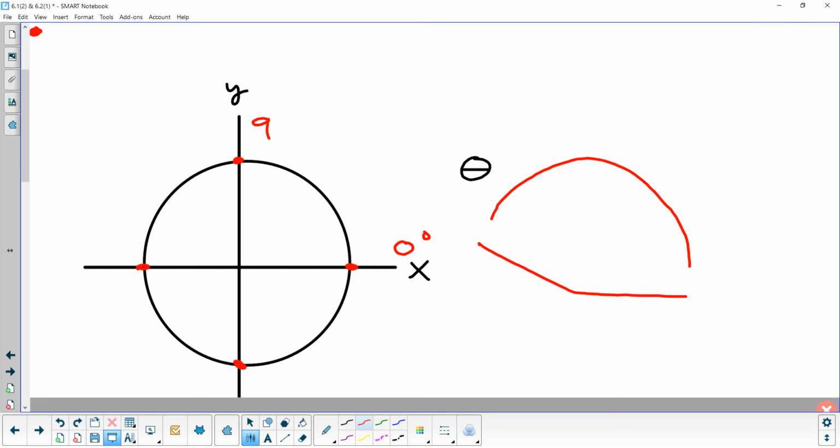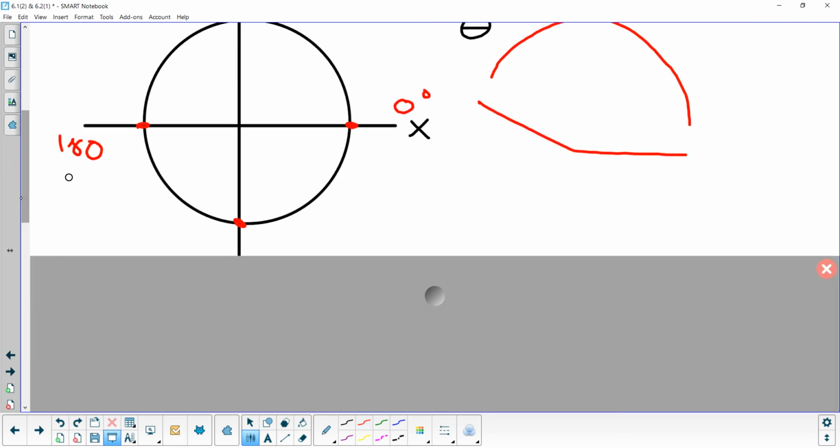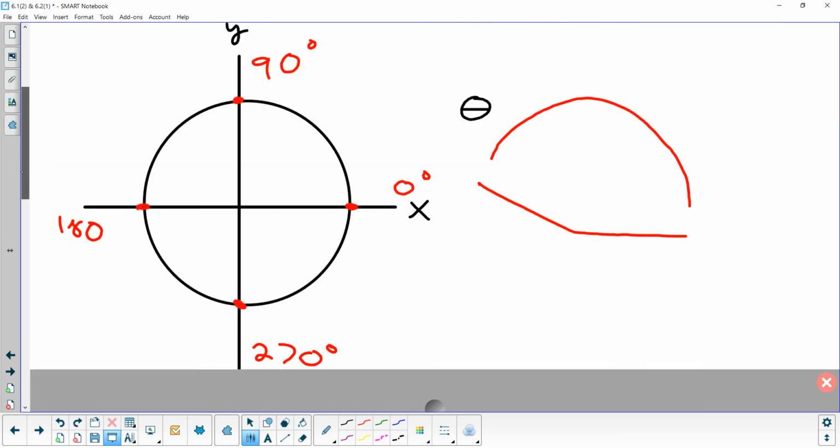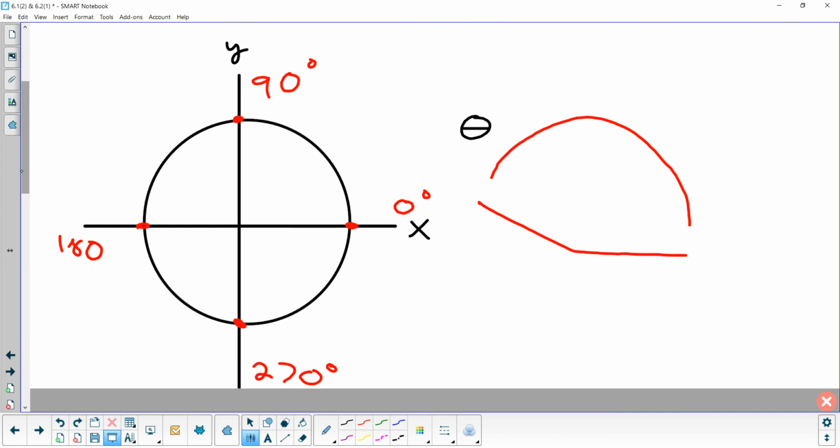This is 90. Over here is 180. And down here would be 270. Now remember, this is a unit circle. So from the origin to the edge of the circle, it's only one unit in every direction. In this case, for these 4, either one unit right, up, left, or down.